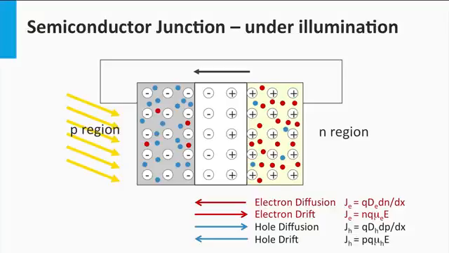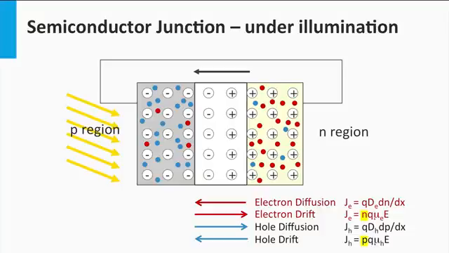Important to realize, and as discussed earlier, light absorption only affects the density of the minority charge carriers in doped semiconductor materials. This means that the light-excited charge carriers significantly increase the density of the electrons in the P region and the density of the holes in the N region.